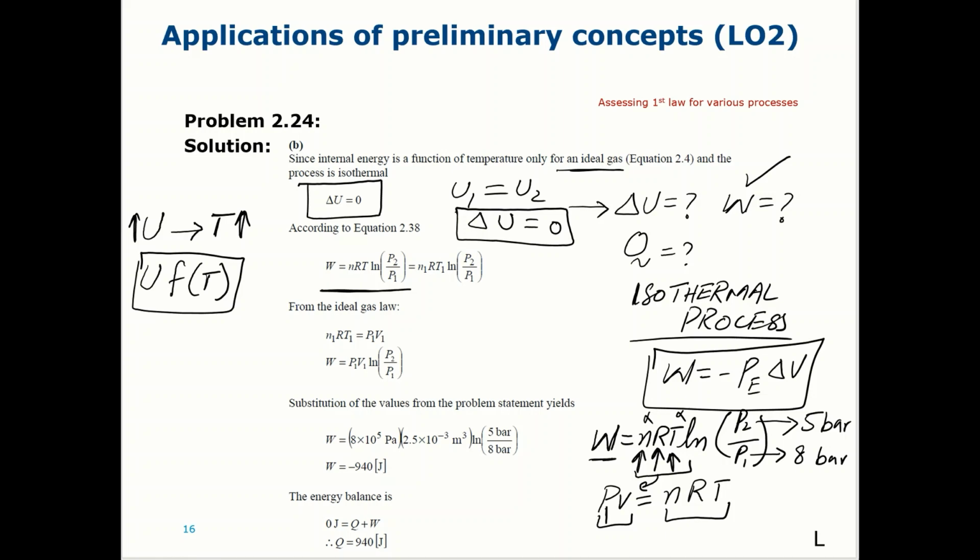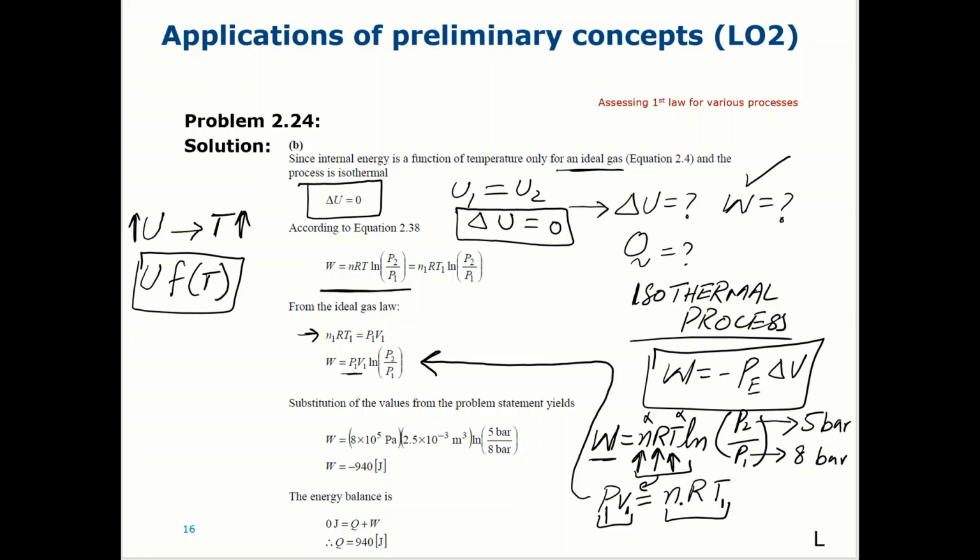Maybe initial pressure and initial volume and initial temperature. So we can use this mathematical trick. We can just replace nRT by PV. So that's why you might have observed this thing here, right? The same formula, but P1V1 has replaced nRT, ln P2 over P1, exactly the same.